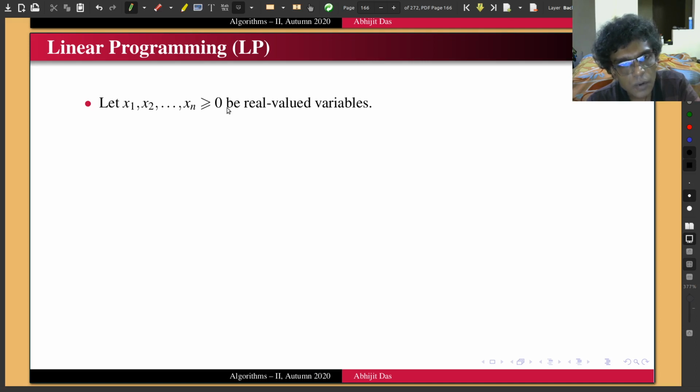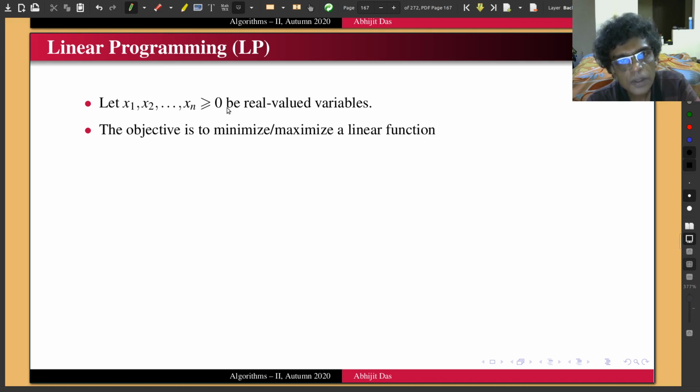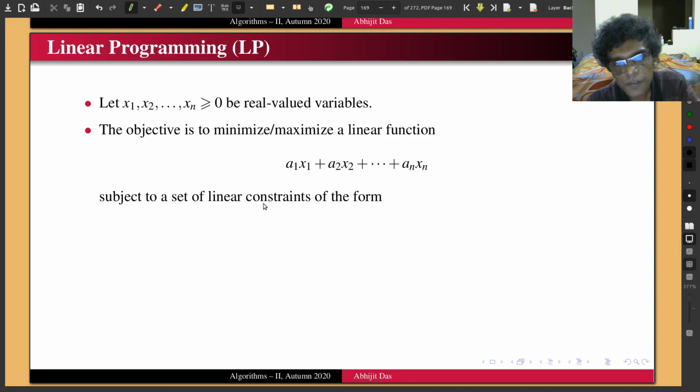So, we want to minimize or maximize a linear function of these variables, that is of this form a1 x1 plus a2 x2 plus an xn, where these coefficients a1, a2, an are constant values, positive, negative or even 0, everything is allowed, subject to a set of linear constraints of the form something like this, u1, u2, un, these are all again constant values, positive or negative.